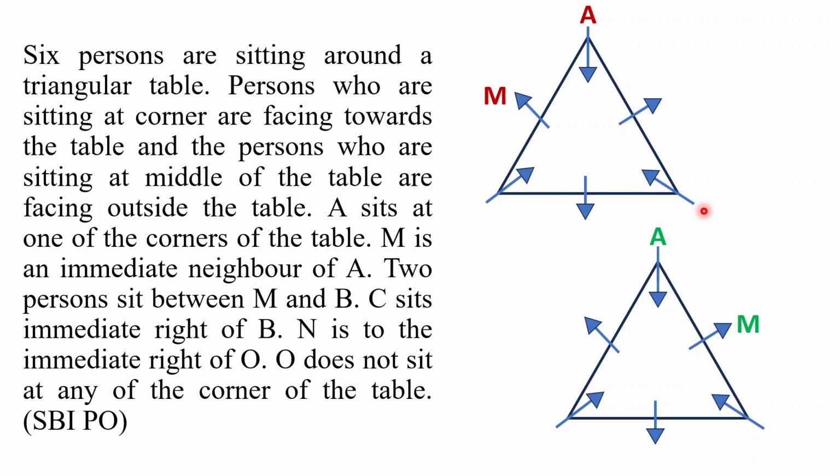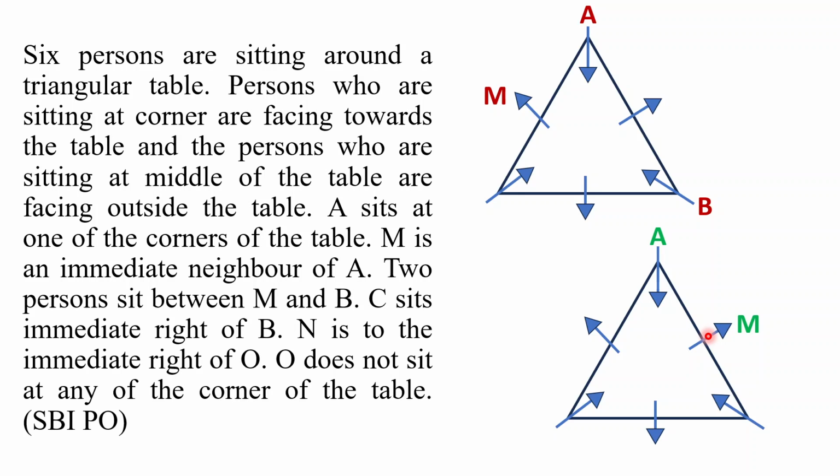When this type of statement is given that there are two persons between M and B, then you have to check both the directions, that from both the directions there should be only two people between M and B. So we are going to place B here at this place. See, from the right side of M also there are two people between M and B, and from the left side of M also there are two people between M and B.